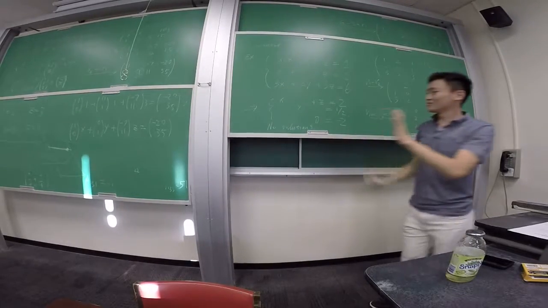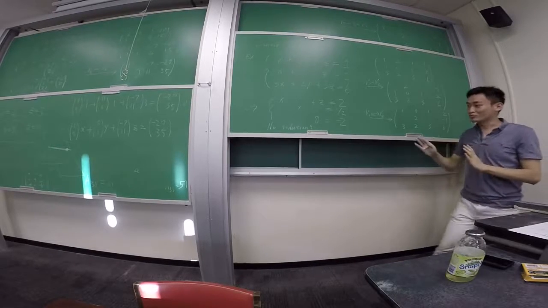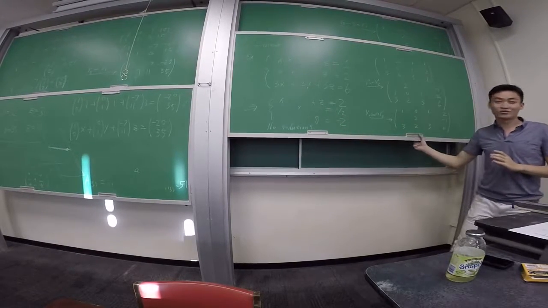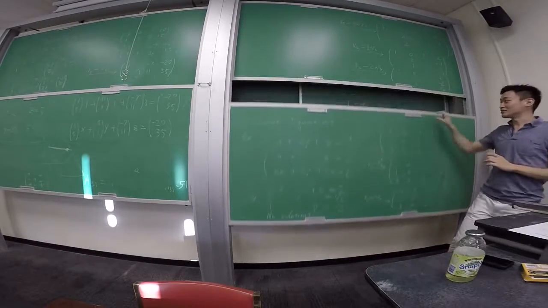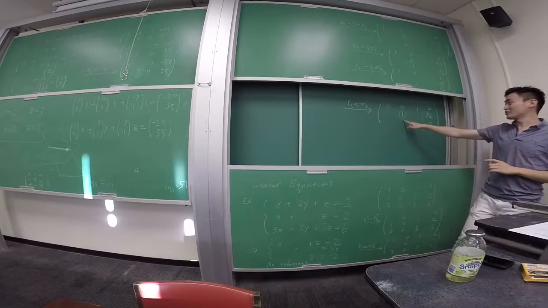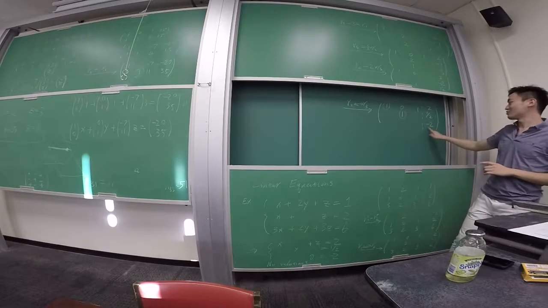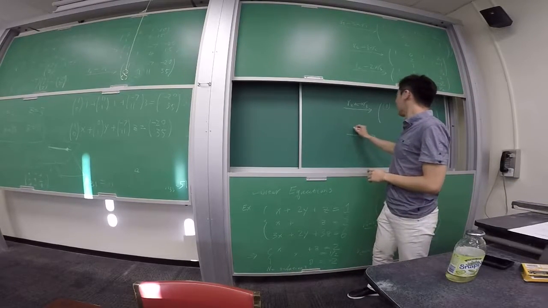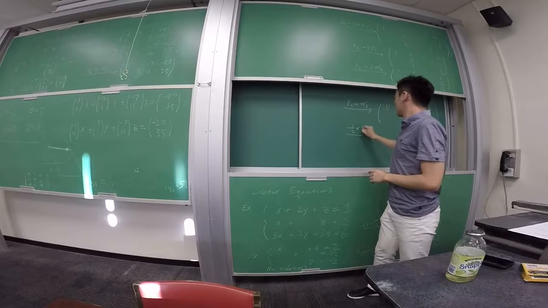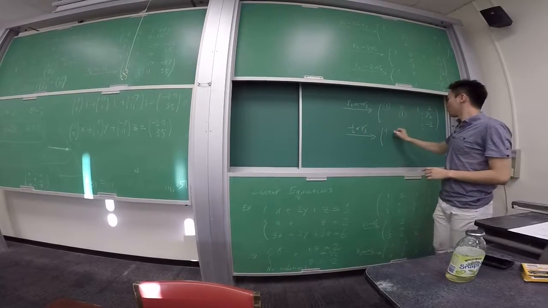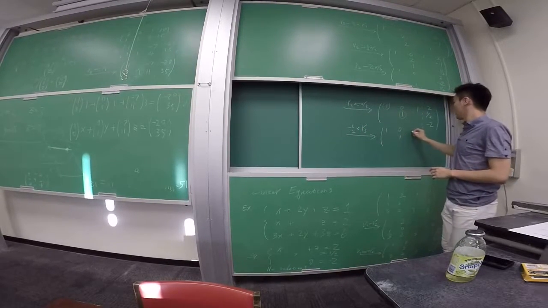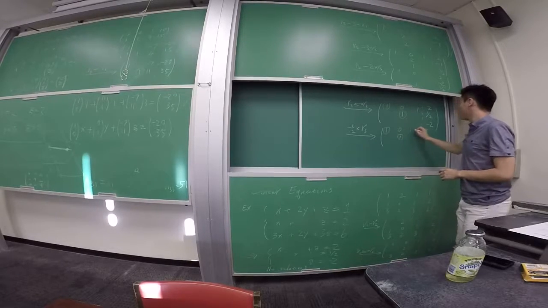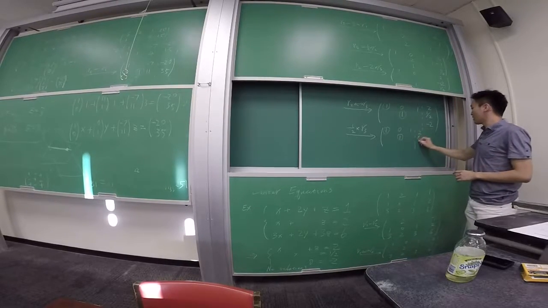But how do we see this kind of fact in the reduced row echelon form? As you can see, this is not exactly reduced row echelon form because you still have to reduce this one. So -1/2 times the third row, you get 1, 0, 1, 1, and you get 2, 1/2 and 1.